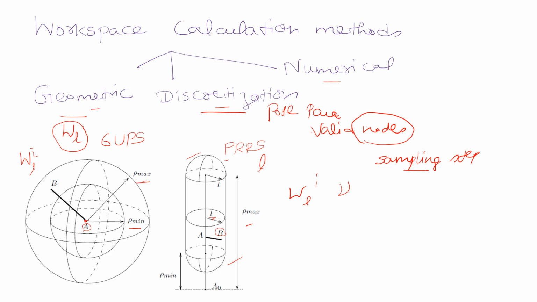And the next approach is the numerical method. Taking the constraints on the joint coordinates into consideration, the inequalities imposed by the constraints are transformed into equalities by means of extra variables.